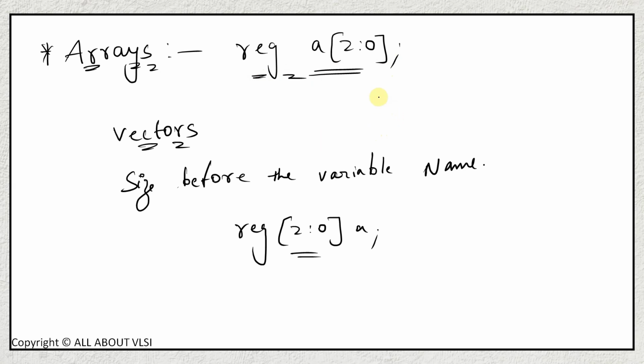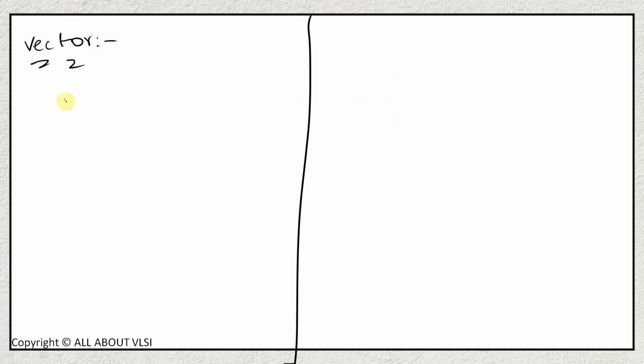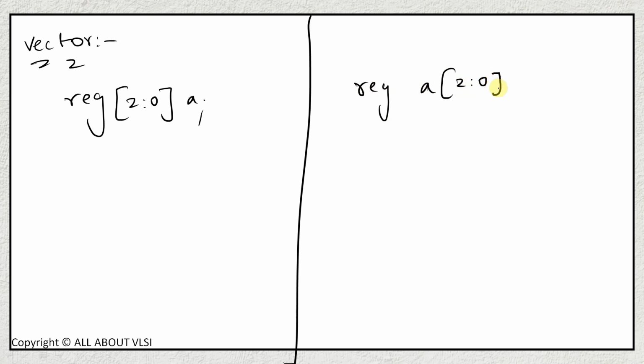So for visual representation of your vector and array, let us try to visualize them. So this is your vector. Let's say you are declaring reg [2:0] a, and this is your reg a [2:0].